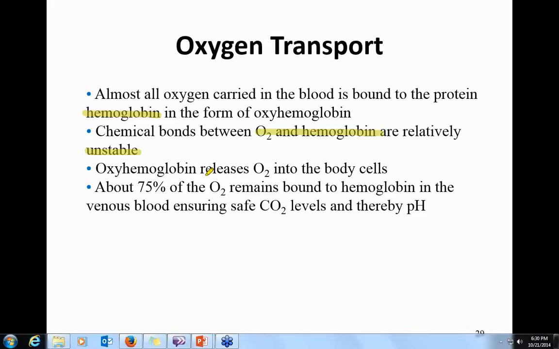So your hemoglobin really doesn't want to let go of carbon monoxide, and that causes lots of problems. Again, about 75% of the oxygen remains bound to hemoglobin at rest. That ensures safe CO2 levels and also helps keep regulating your pH.